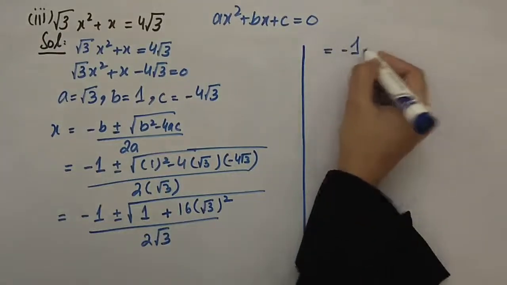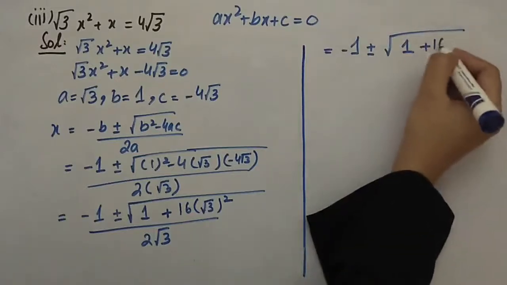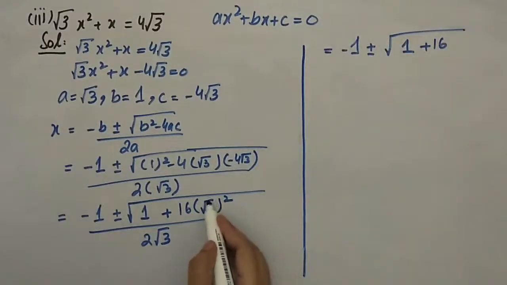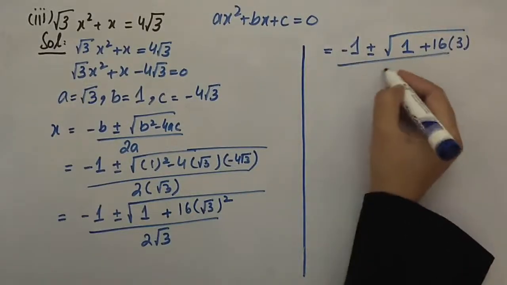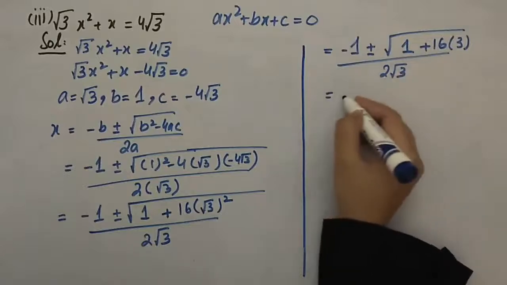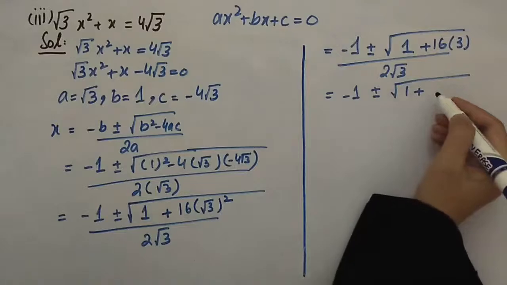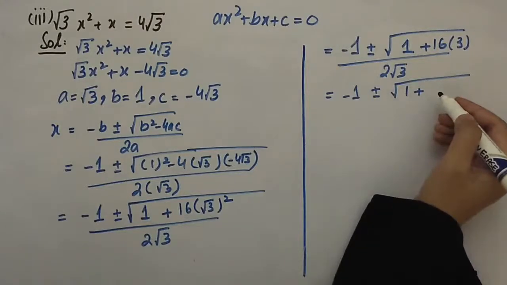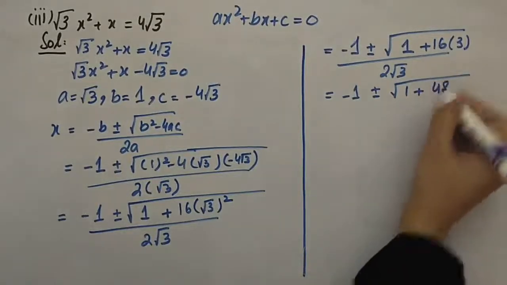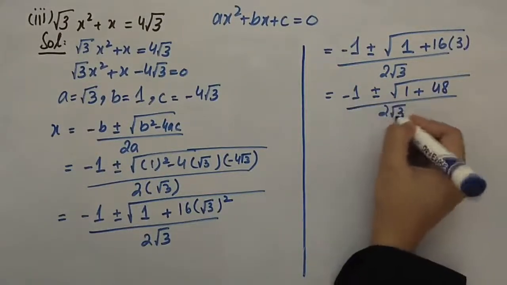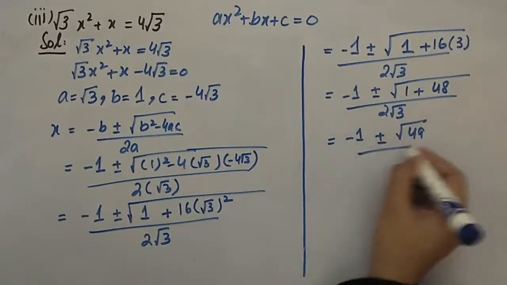Now minus 1 plus minus 1 plus 16 square and under root will cancel, so we will get here 3 over 2 under root 3. Minus 1 plus minus 1 plus 16 3 the 48 over 2 under root 3. Minus 1 plus minus 49 over 2 under root 3.